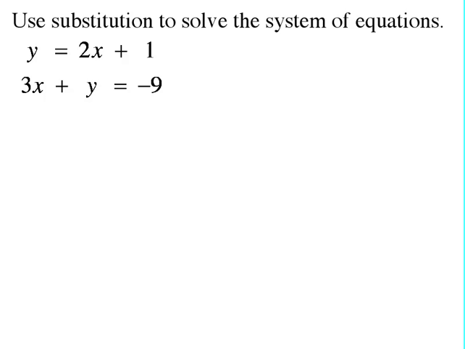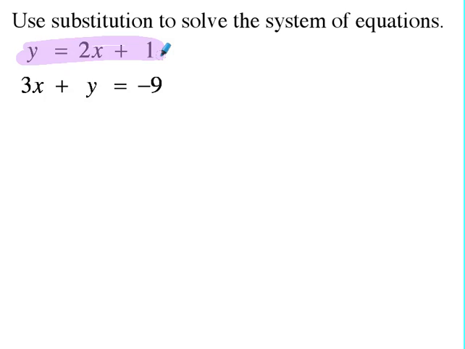This first one says use substitution to solve the system of equations. And so step 1 is to solve one of the equations for a variable. If you look, my first equation here is already solved for y. So that's good.